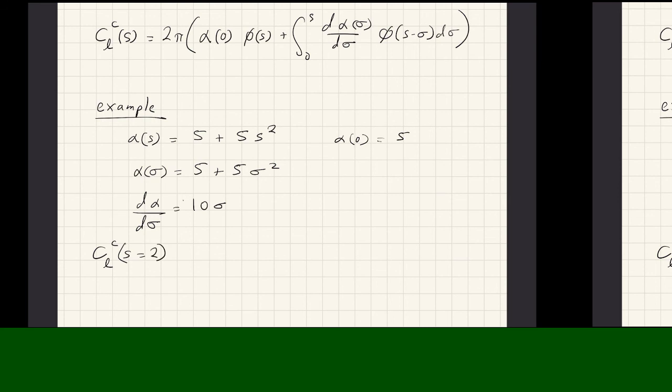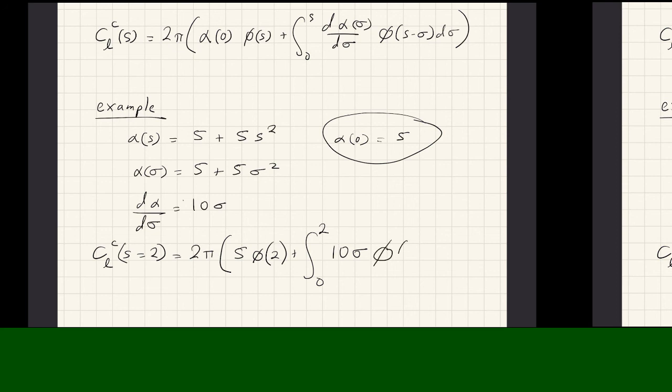That is equal to 2 pi alpha of 0, which is 5, times phi of S equal to 2, plus we go from 0 to S, and again we are evaluating at S equal to 2, so from 0 to 2 of d alpha of sigma d sigma, which we found here, that is equal to 10 sigma, multiplied by the phi function of S, which is 2, minus sigma d sigma.